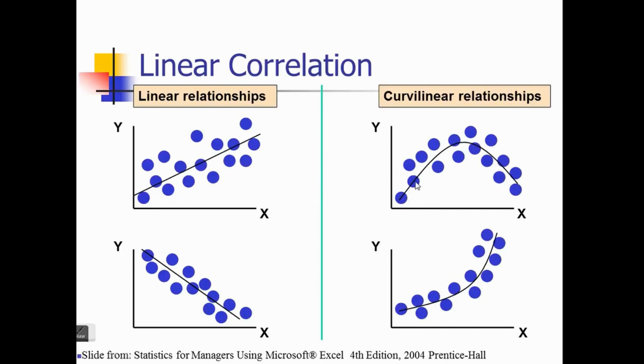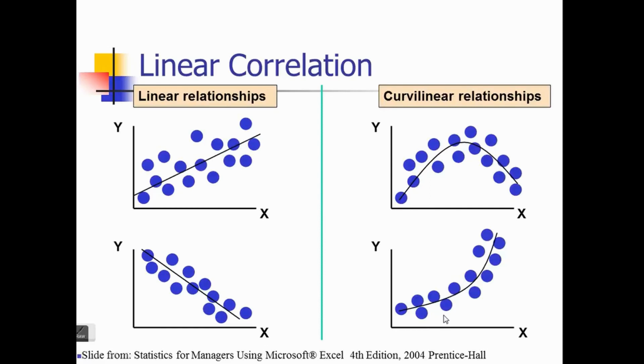So that is non-linear or curvilinear. Similarly, the third one, again it is linear, downward sloping but linear. Fourth one, non-linear, because it's not a straight line that can pass through these data points. It has to be a curve, and that's why it is curvilinear. So this is the difference between linear relationship and curvilinear relationship. Now remember, correlation is the linear relationship between two variables.